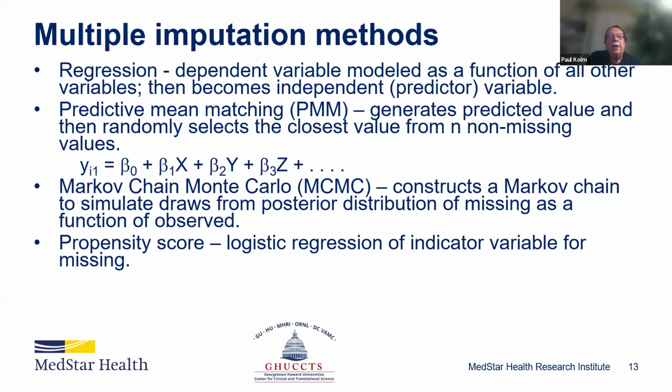The reason this is preferred, I'll talk about in a minute, but predictive mean matching means that you're going to have predicted values that are within the range of your observed values.